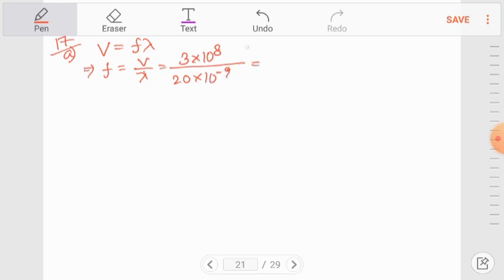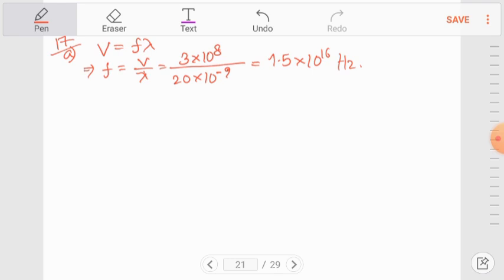Let me calculate it. And you get a value of 1.5 times 10 to the power 16 hertz. So this is the frequency for the ultraviolet light.